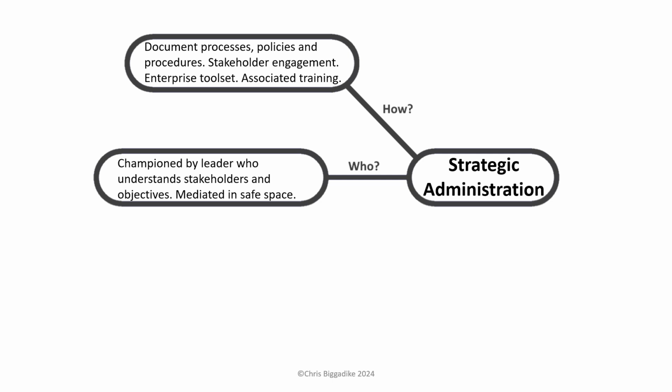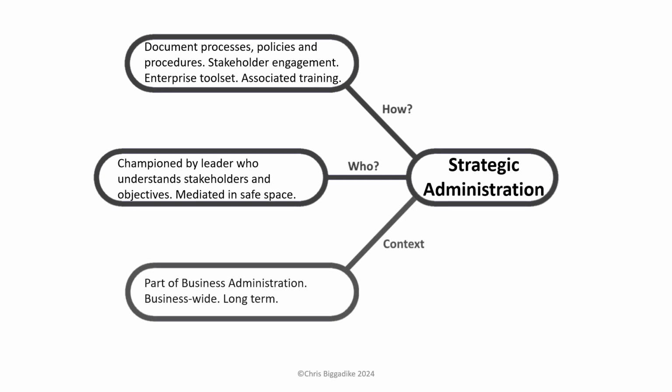There'll normally be an enterprise toolset that reflects some of the more complicated functions of the business across the business. There'll be associated training, probably regular and well organized. Again, like direction, strategic administration is part of business administration.